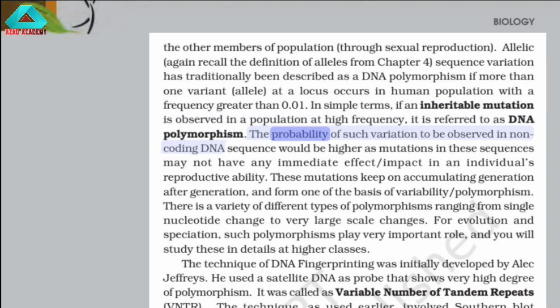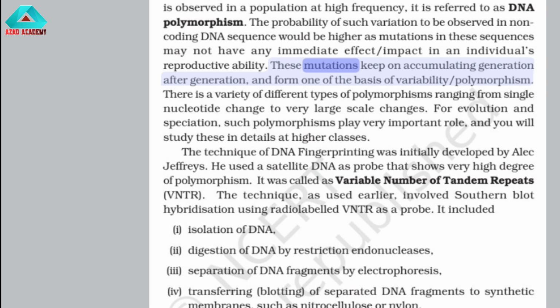The probability of such variation being observed in non-coding DNA sequence would be higher, as mutations in these sequences may not have any immediate impact on an individual's reproductive ability. These mutations keep on accumulating generation after generation and form one of the bases of variability or polymorphism. There is a variety of different types of polymorphisms, ranging from single nucleotide change to very large-scale changes.